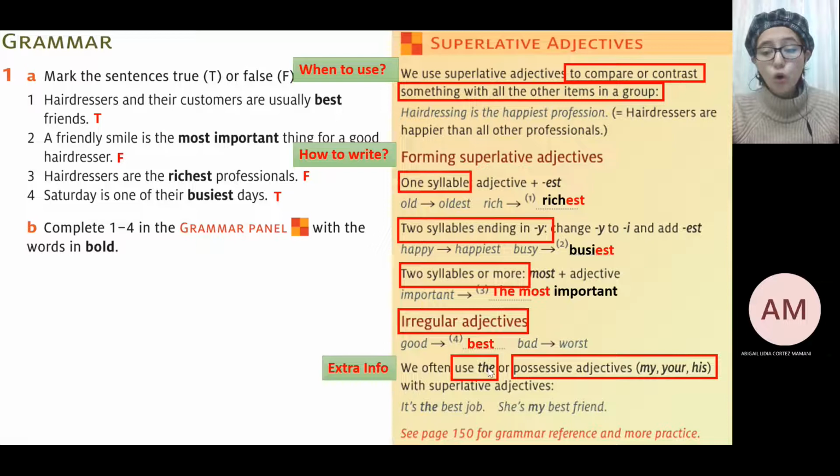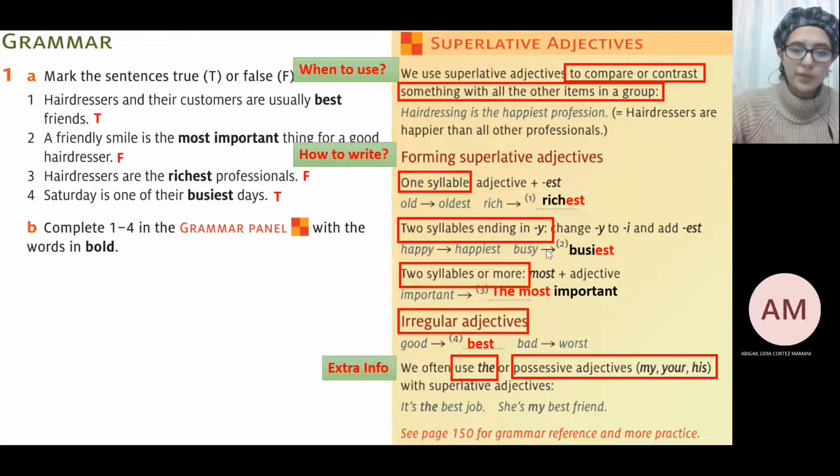So we're going to use the or the possessive adjectives: my, your, his, her, our, their. These are different from the object pronouns. So you can say it's the best job. It's the most famous show. Or it's the best actress. Or you can say she's my best friend. Agregándole el posesivo, ya queremos decir que es solamente mi amiga, de nadie más, right? So we're contrasting that part.